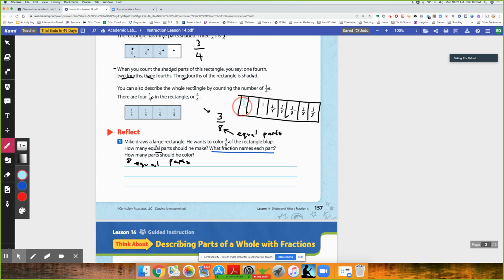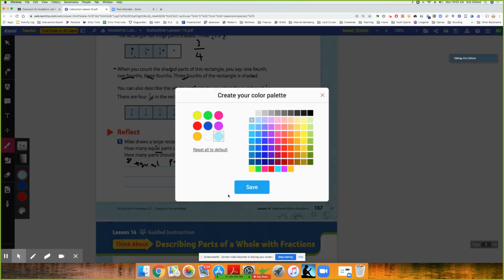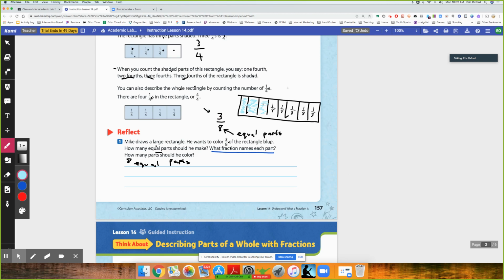So I'm going to shade this one blue, and then this one blue, and then this one is also blue. So 3 were blue, and then each unit. Oh, hold on. Got to go back to my color palette because I want black. Okay. Each unit is 1/8.